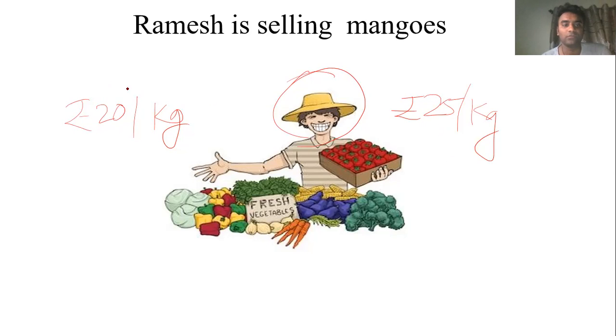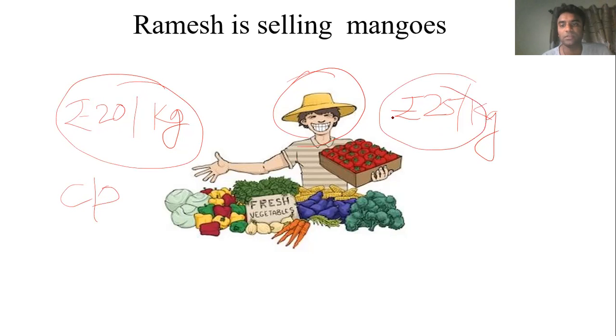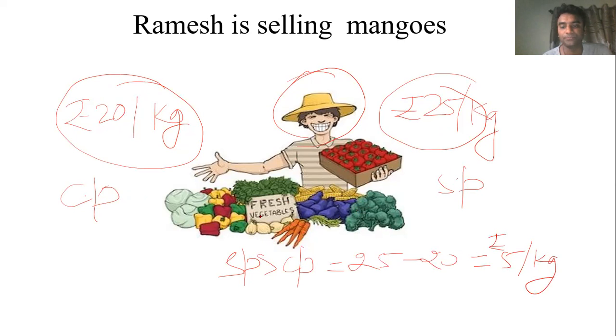At whatever price Ramesh purchased something is known as cost price, and the price at which Ramesh is selling something is known as selling price. I'm going to represent cost price as CP and selling price as SP. Now clearly SP is greater than CP, by 5. So Ramesh is making a profit of rupees 5 per kg.